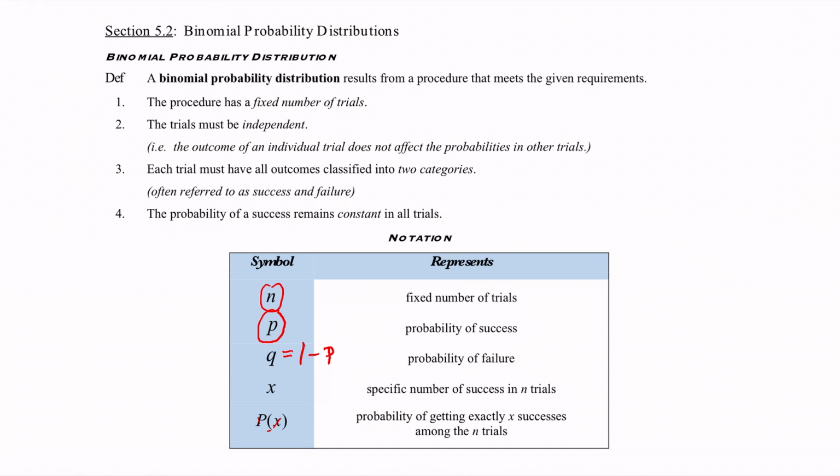And X would be a specific number of successes that we're looking to understand in our probability distribution, where P of X here is the probability of exactly X successes in our N trials.